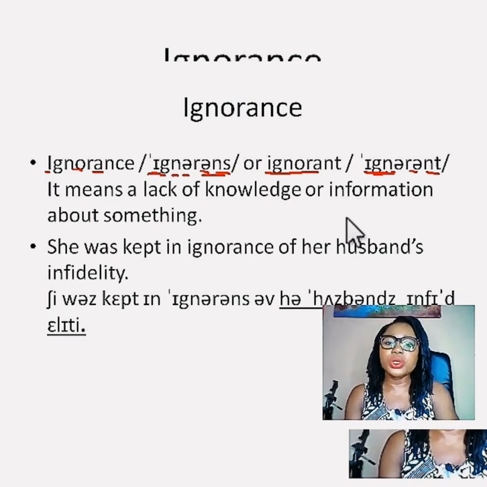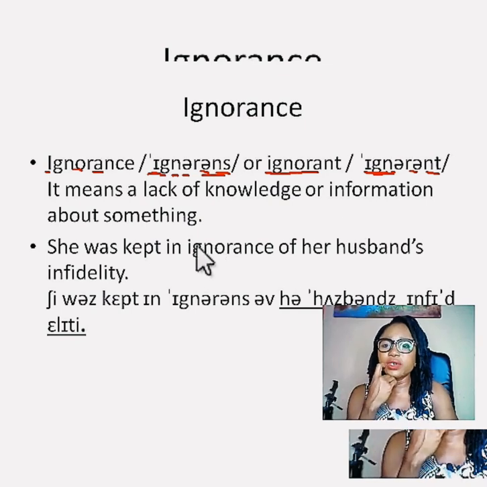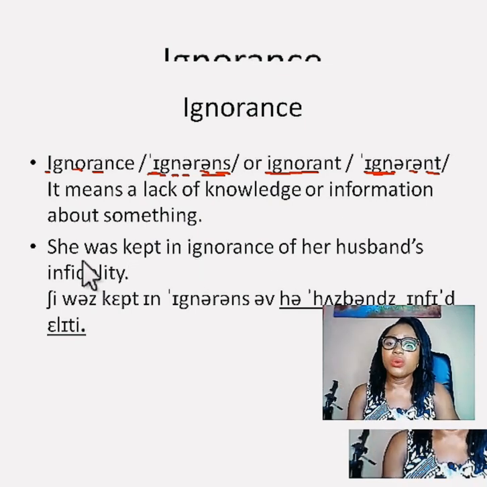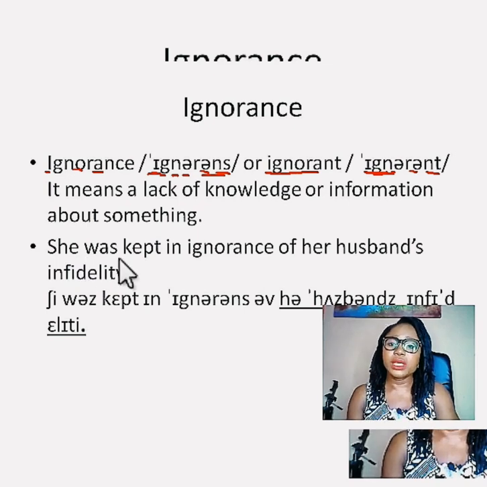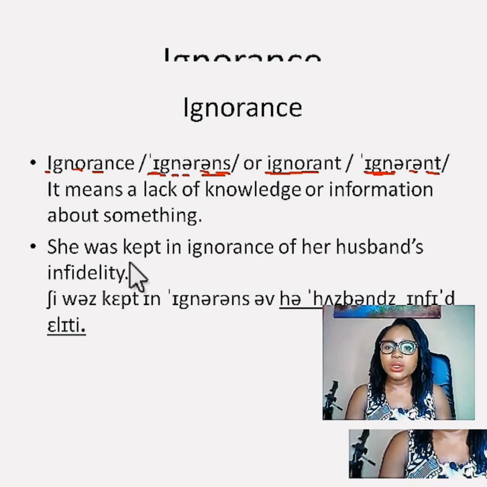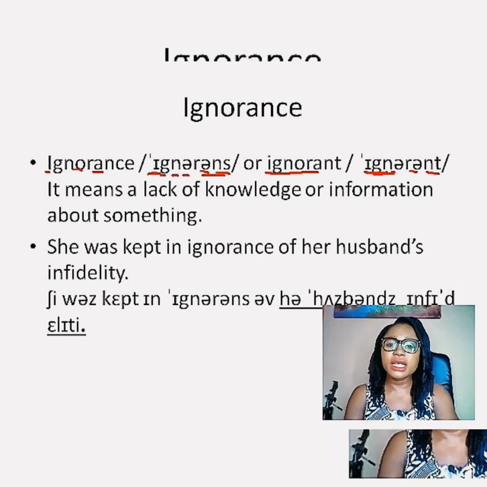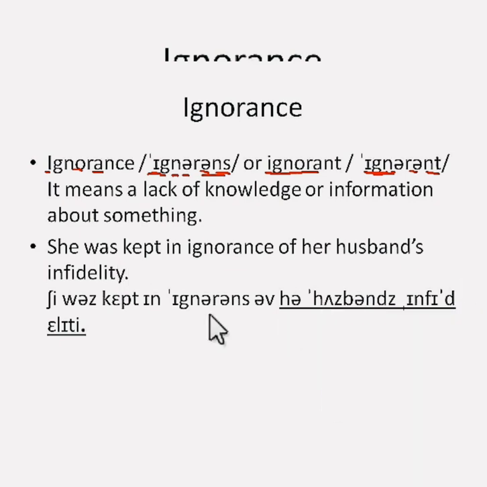And if you're to use this word in a conversation, in a sentence, normally the sentence here would read like this: she was kept in ignorance of her husband's infidelity. Let's try to read it accurately.